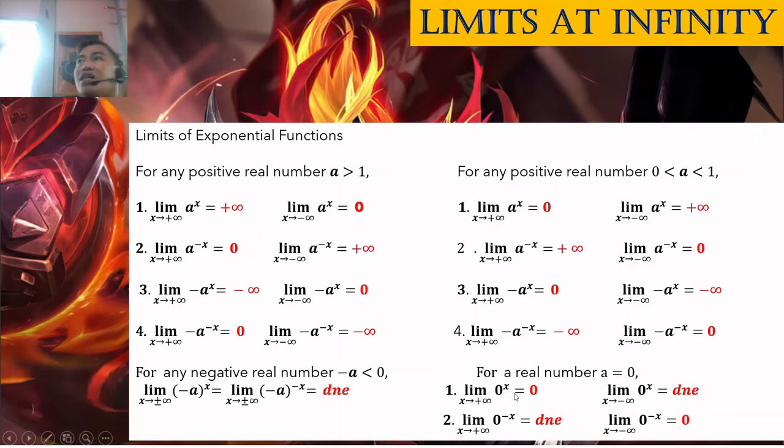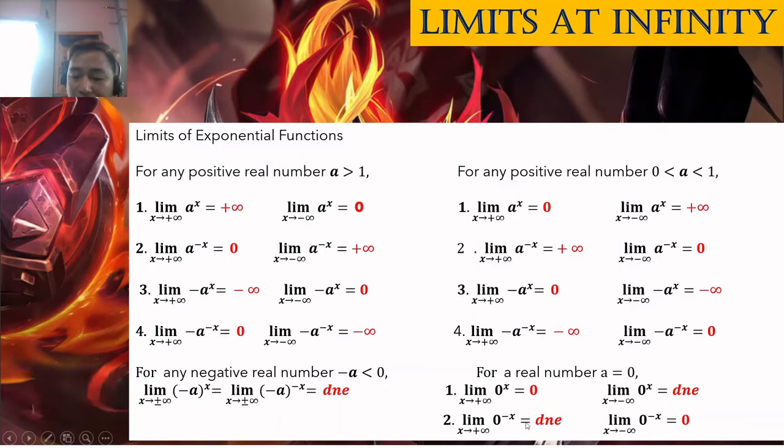If we graph it, 0 is excluded, then it is just a straight line at 0. So the limit of 0 to the power of x as x approaches negative infinity does not exist, because 0 to the power of a negative number is undefined.